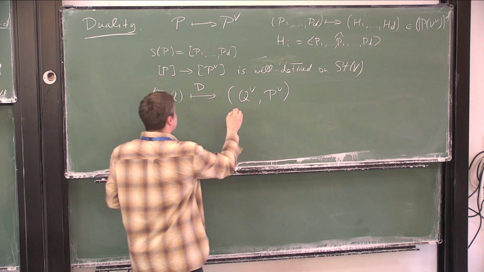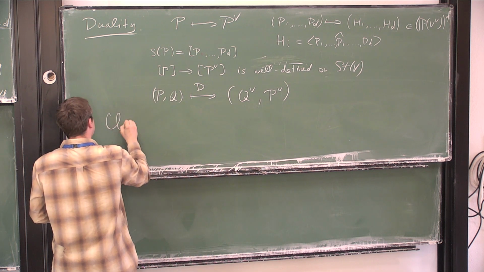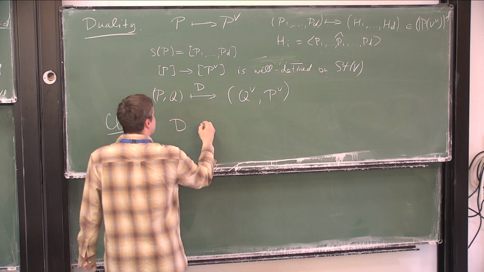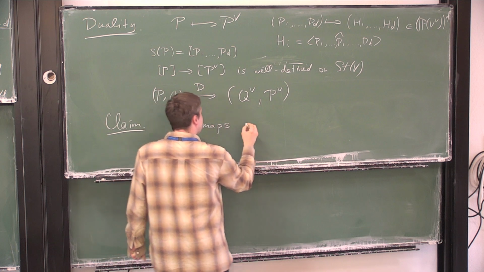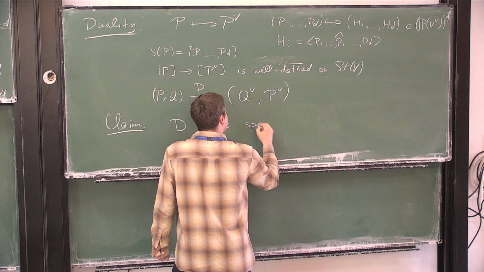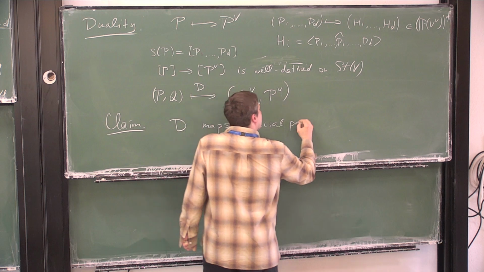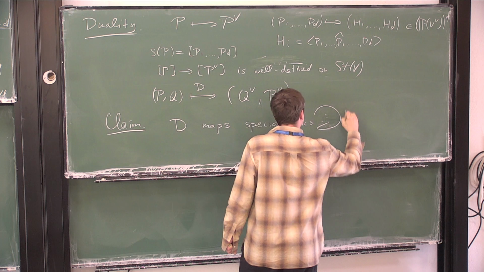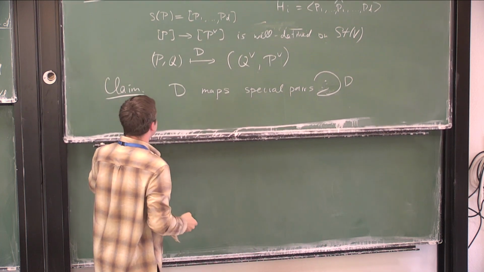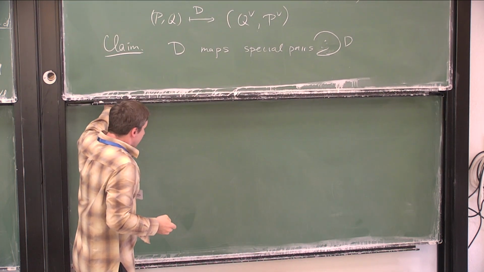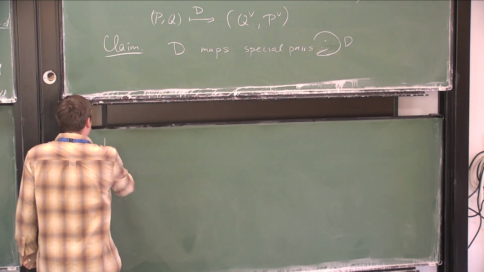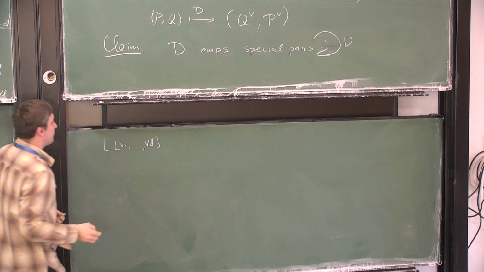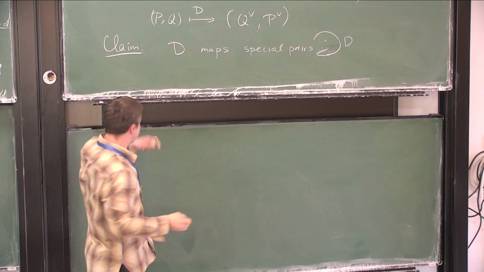What happens is, maybe a claim, a small exercise: D maps special pairs, so we had elements which I called L of V1 up to VD, and we can look at what this operation does to them.